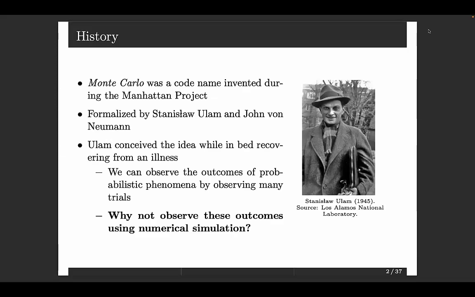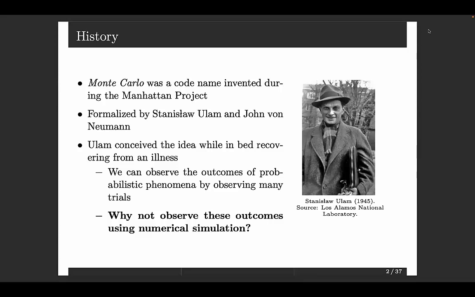Monte Carlo is actually a code word invented during the Manhattan Project. It was discovered and formalized by two physicists, Ulam and von Neumann. This is a picture on the right of Ulam. He's at the Institute for Advanced Study in Princeton there.